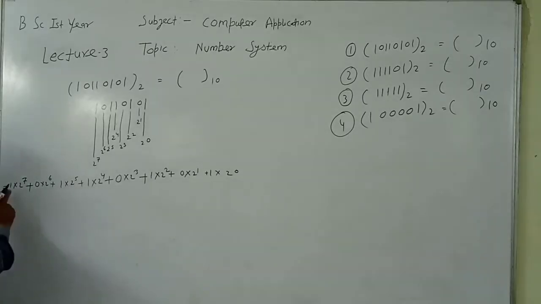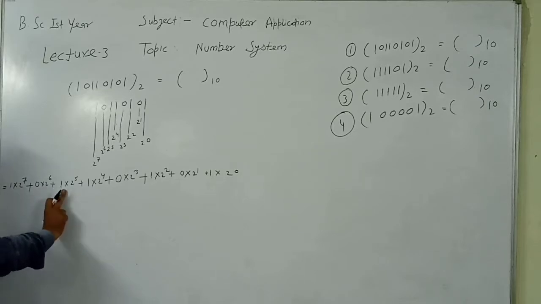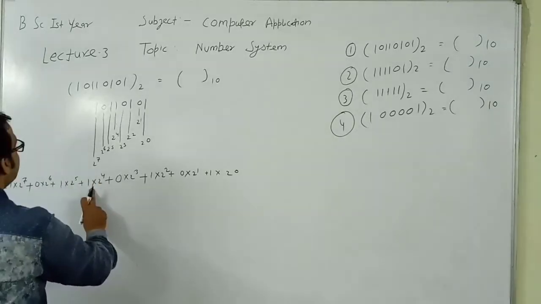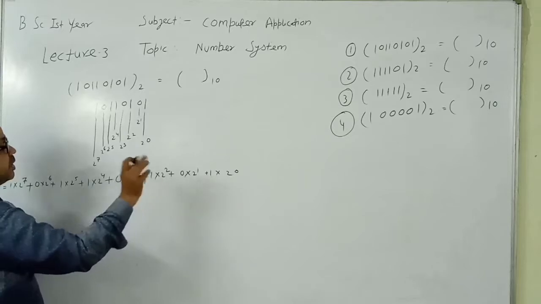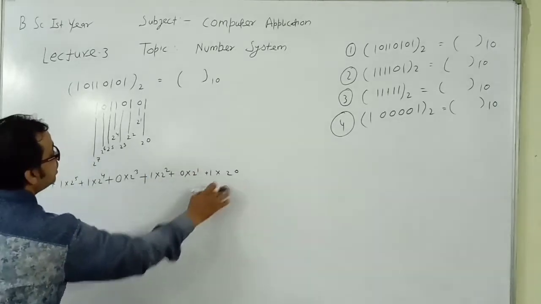So this is 1 into 2's power 7, 0 into 2's power 6, 1 into 2's power 5, and 1 into 2's power 4, 2's power 3, 2's power 2, 2's power 1, 2's power 0.